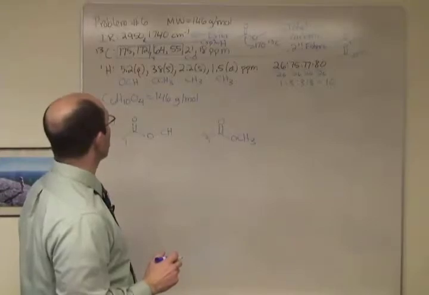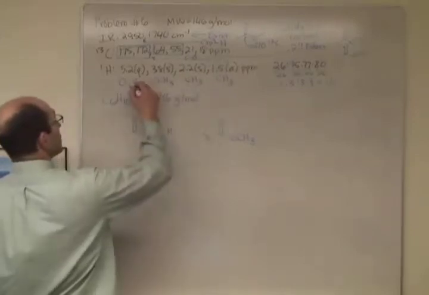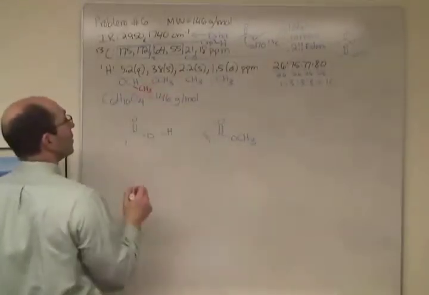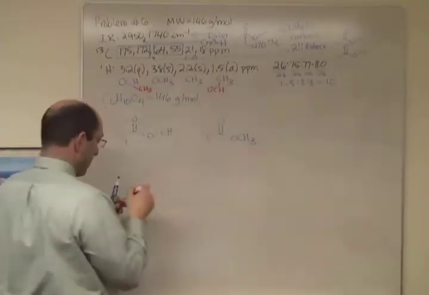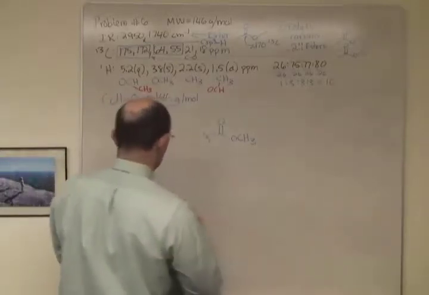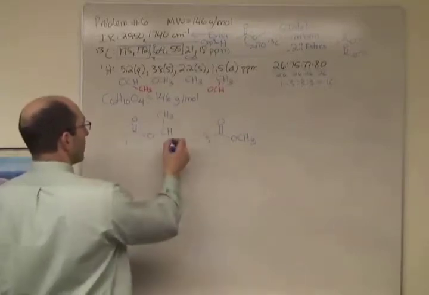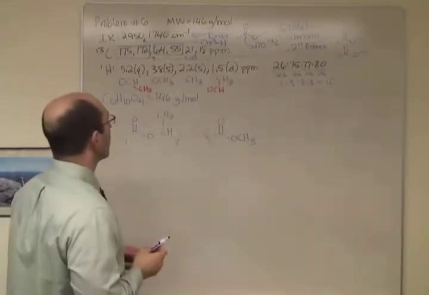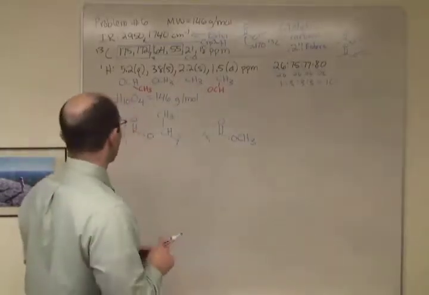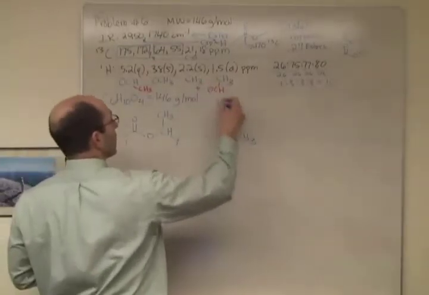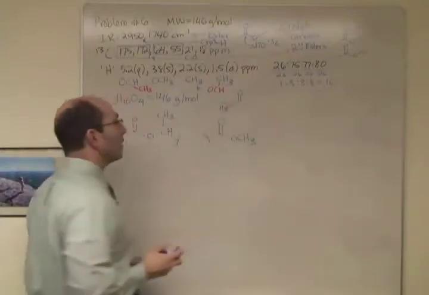If we start to look at the multiplicity, we can see that this CH is next to a CH3, and here's the CH3 that's next to that CH. So that must be OCH. So we can see that this CH is now attached to a CH3, and that's got to be connected to something else over there. This CH3 is a singlet at 2.2, and that tells us that this is next to a carbonyl.